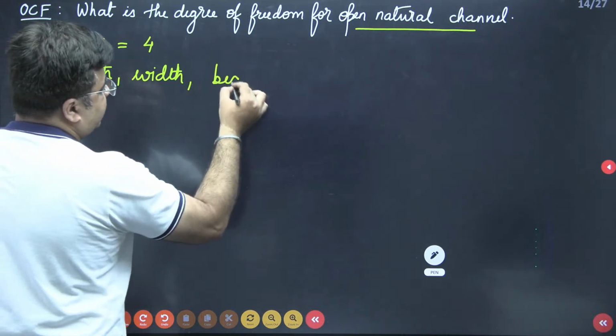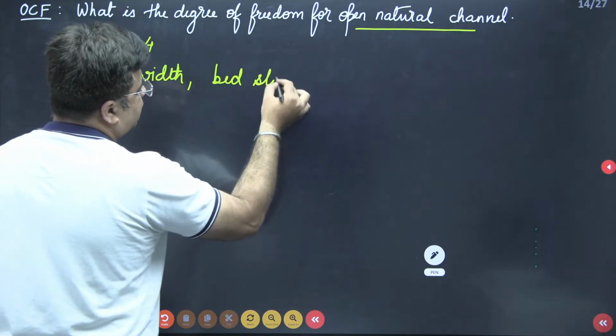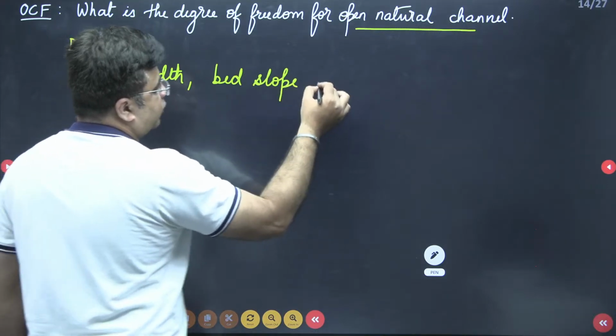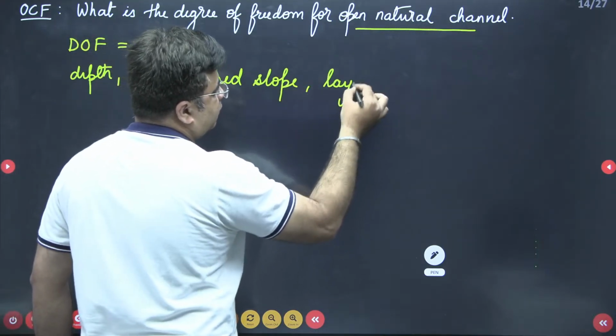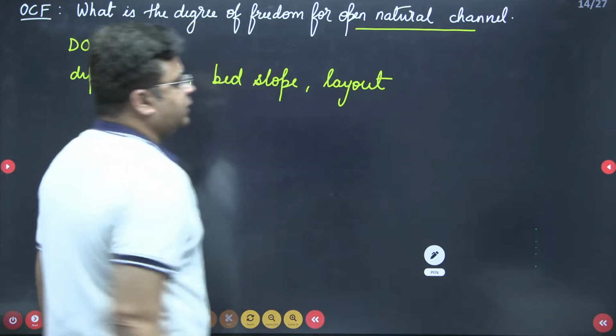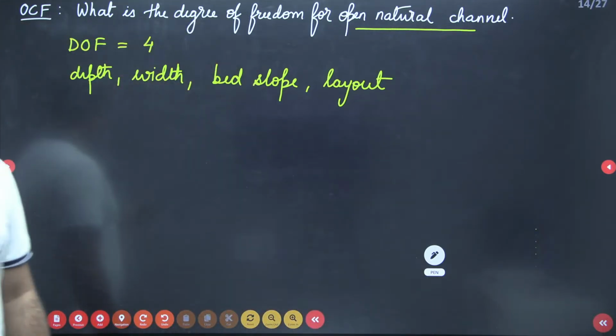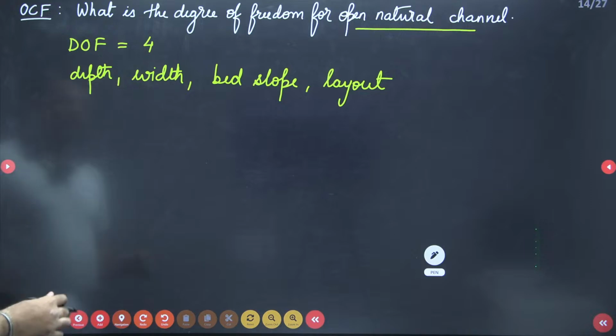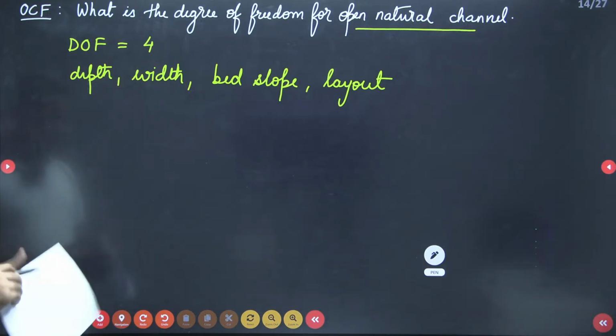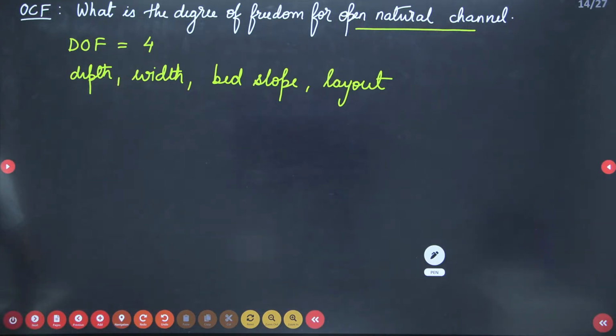We can see the variation in bed slope and in the layout of the natural channel. So these are the 4 degrees of freedom for an open natural channel, right? So this is the question from OCF.